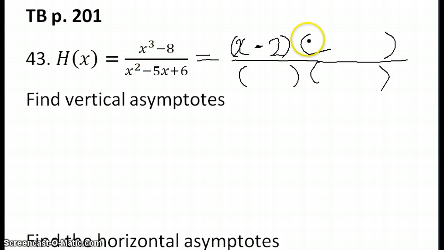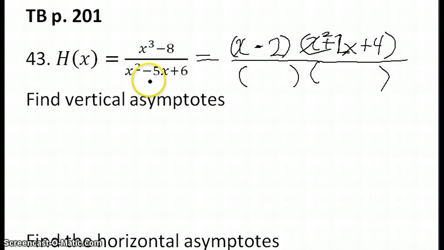Square the first term that we just used to factor, multiply the first times the second, and change the sign, and then we square the last. Negative 2 squared is a positive 4. So if we multiply this back, you'll find that x minus 2 times the quantity x squared plus 2x plus 4 equals x cubed minus 8.